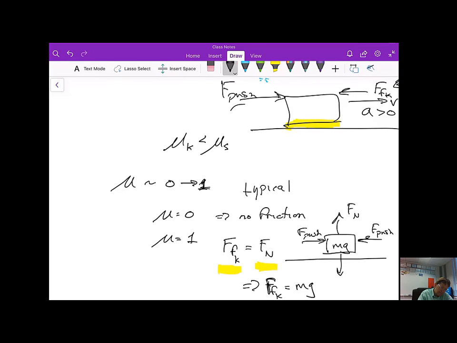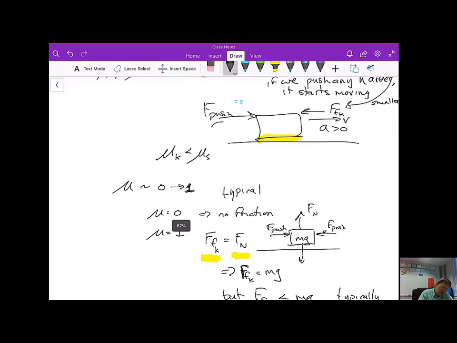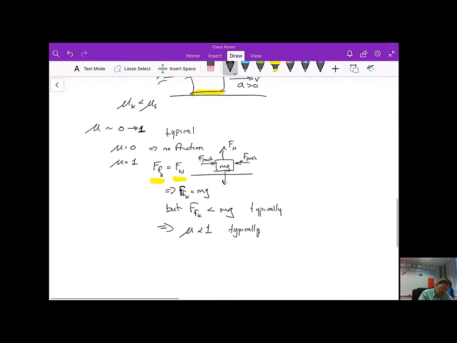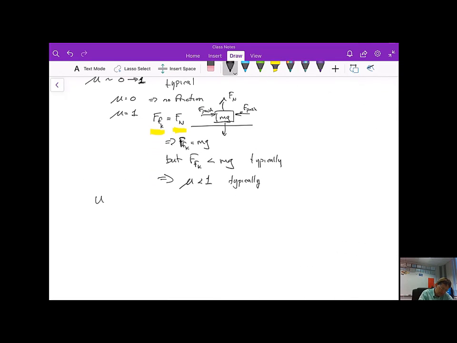Okay. What are the units of the coefficient of friction? Well, by definition, the kinetic friction force is mu K Fn, or the maximum static friction is mu S Fn.